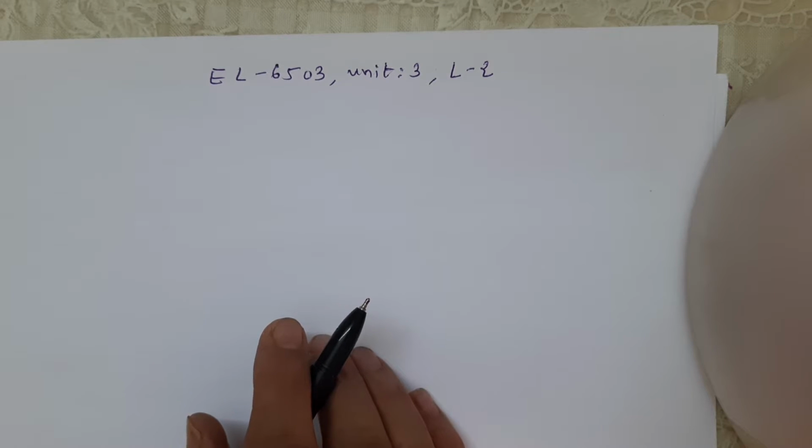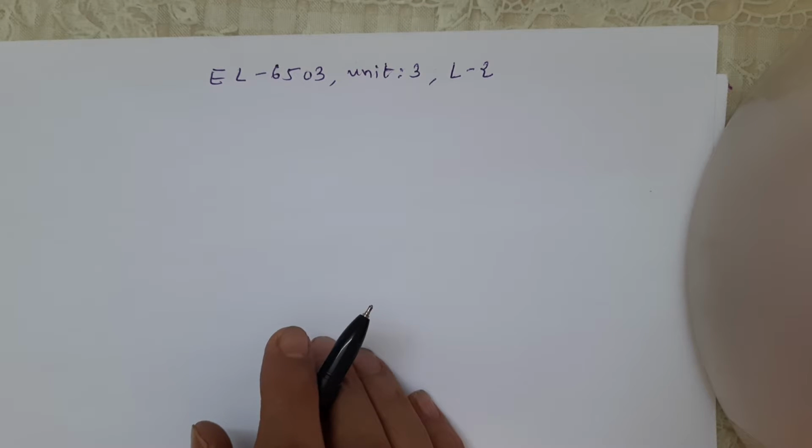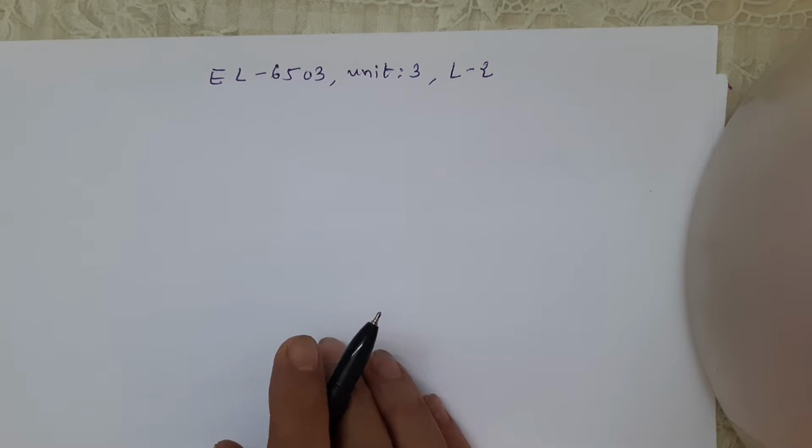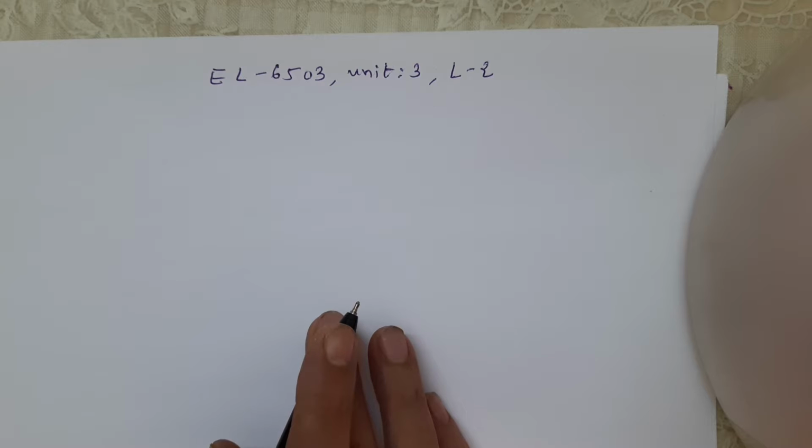Now, this is your lecture 2 for CIA 2 examination point of view, paper number EL 6503, unit 3. We discussed the amplitude shift keying signal, and in the last lecture we discussed how we get the ASK signal.